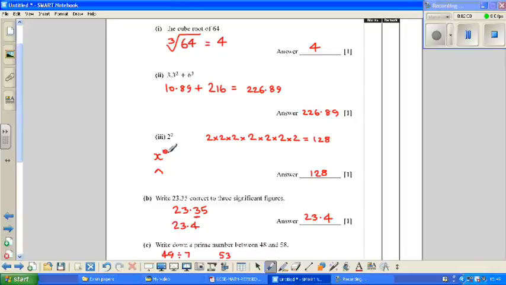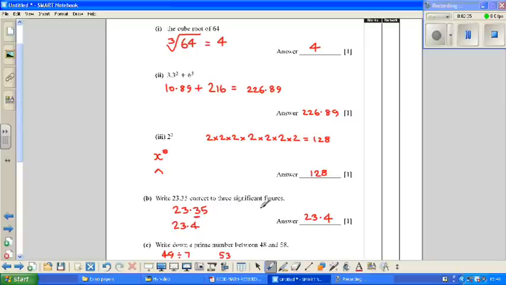All you have to do is key in 2, press that key, and then put in the number 7 to tell it what the power is, and equals, and you should get the answer 128. Or some calculators still have this little symbol here to indicate the power. In that case you put in 2, press this key here and put in the number 7, and you should get 128. You need to try that on your calculator so that you know it works on your calculator.